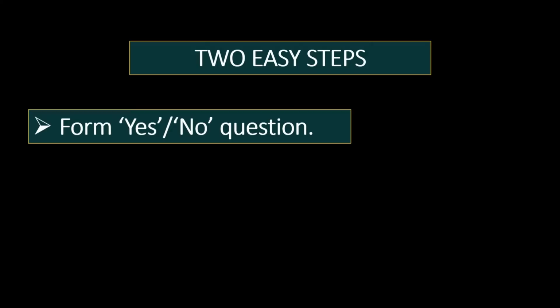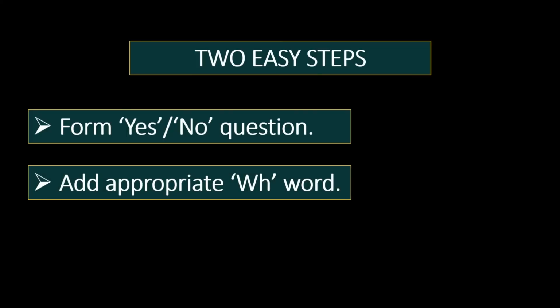So we call such questions yes or no questions. And some questions need information. We call them WH questions, like, where is your brother? You can't say yes or no. Okay, anyway, the first thing is to make a yes or no question, and the second step is to add the appropriate WH word at the beginning. And then you can have a complete WH question.